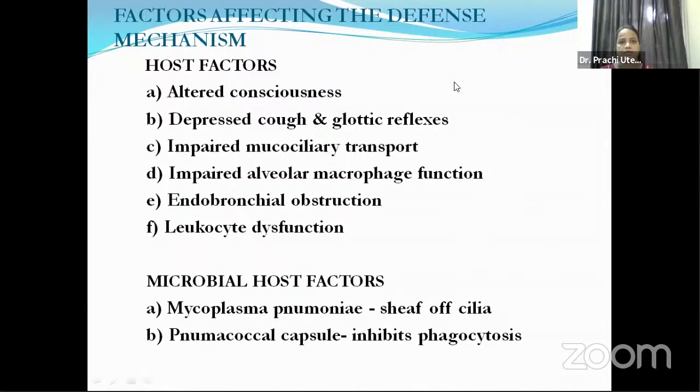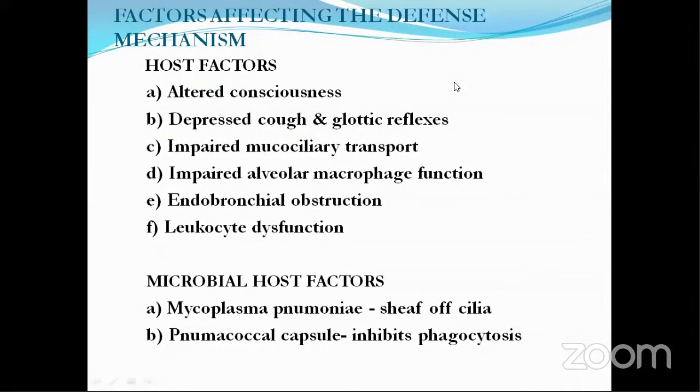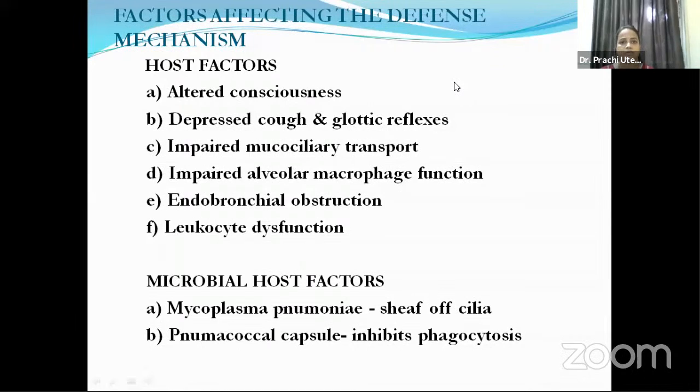the outside infection. But certain host factors like altered consciousness, which can occur in an epileptic child or a comatose patient, and depressed cough and glottic reflexes, which can be seen in certain neuromuscular conditions, are responsible for the depressed host defenses. Impaired mucociliary transport and impaired alveolar macrophage function are mainly because of recurrent viral infection in children, and smoking.